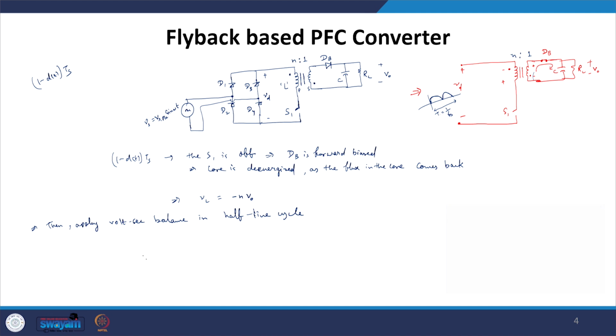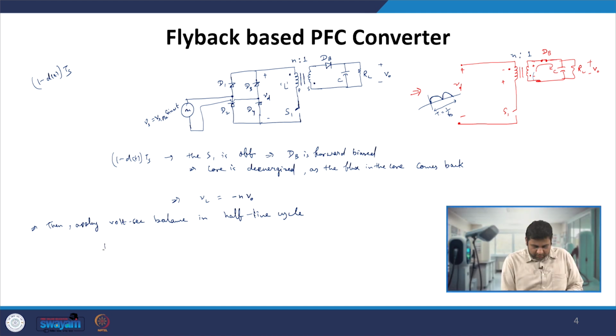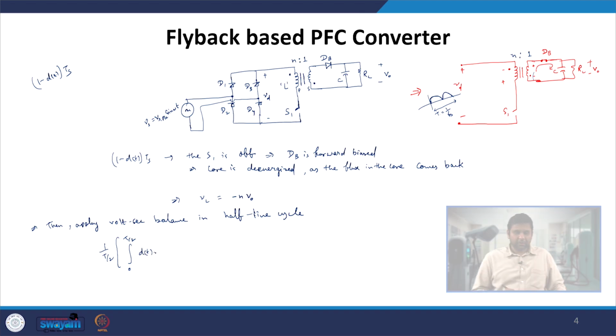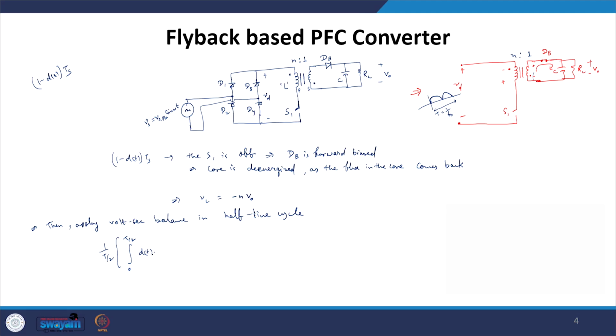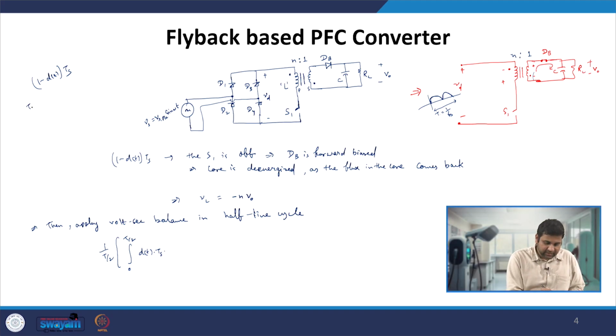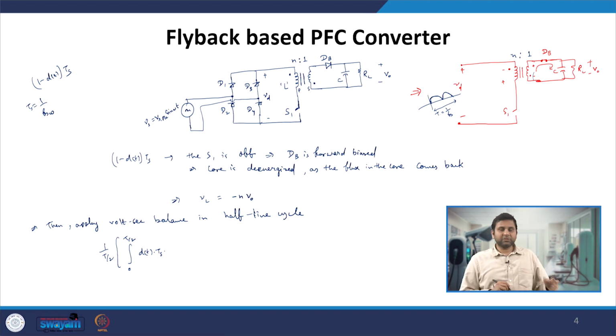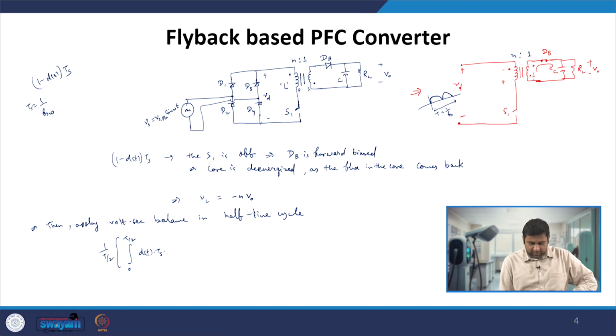So, in half line cycle we can write 1 by T by 2, integral 0 to T by 2, D of t, the period applied during this D of t Ts. Here Ts is nothing but 1 by Fsw, corresponding to the switching period.